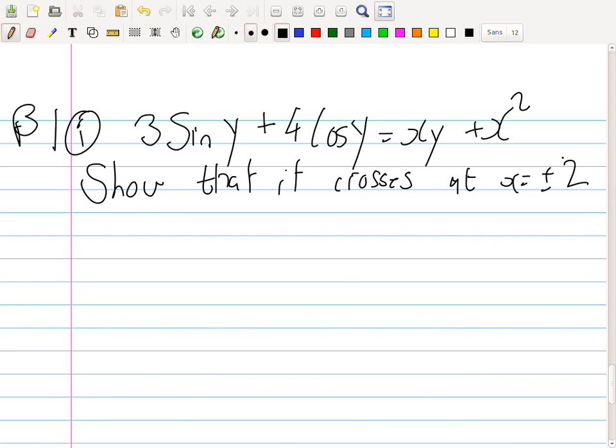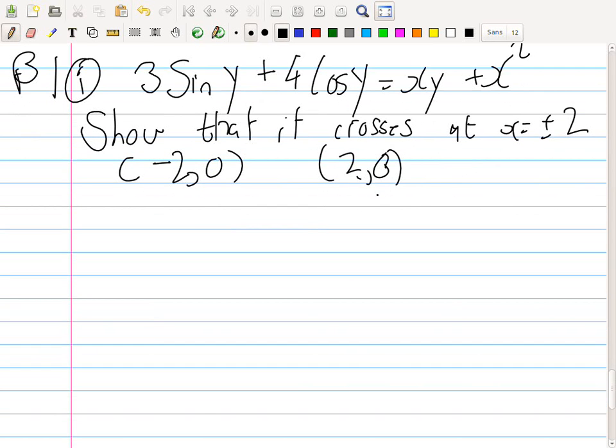So if they're roots, what is the y value? 0. So in fact, and again, this is something that caught people out, all you're really doing is showing that these 2 points, when substituted into the equation, work. They hold true. So putting this one in first, that's 3 sine 0 plus 4 cos 0 equals 0 plus 4.